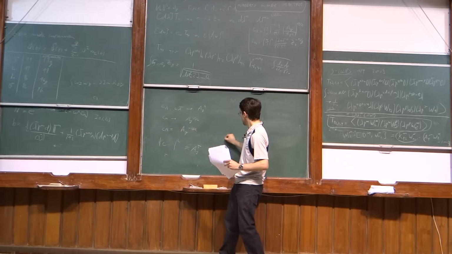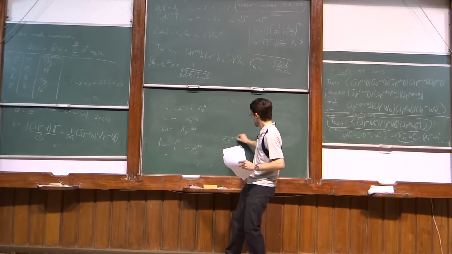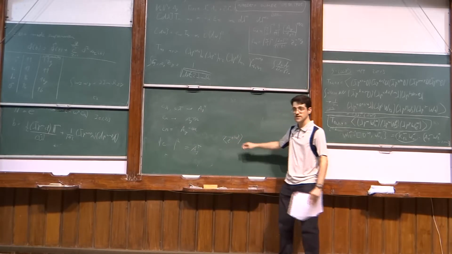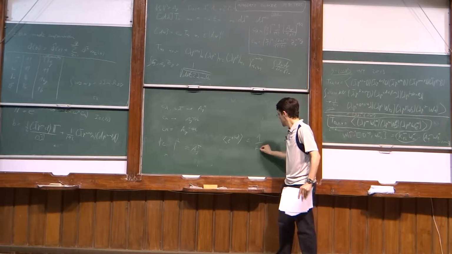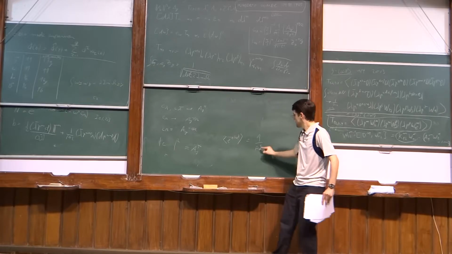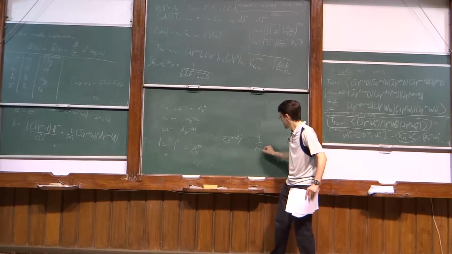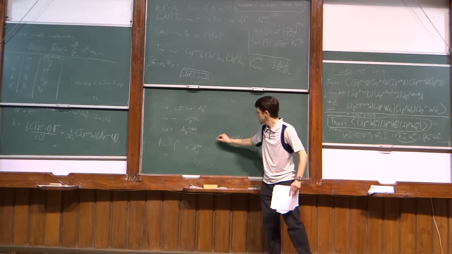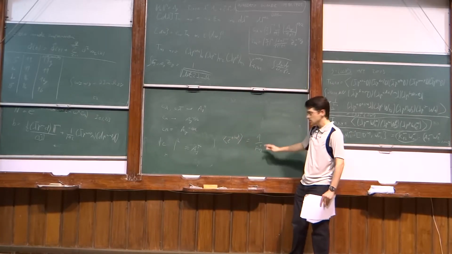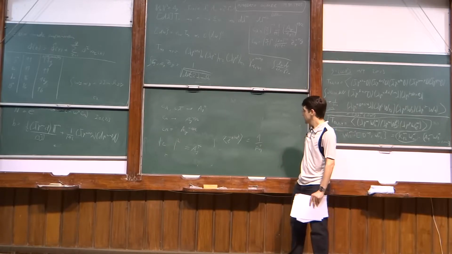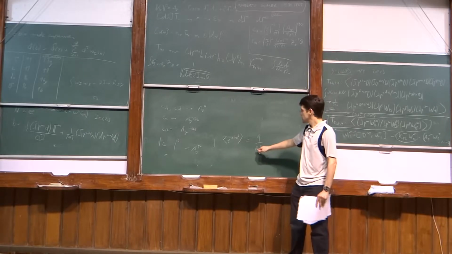And then when you compute the correlation function of the exponentials, you will also get a factor of the area inverse, because you will be integrating over dx over the surface, and there are some steps that you need to show.